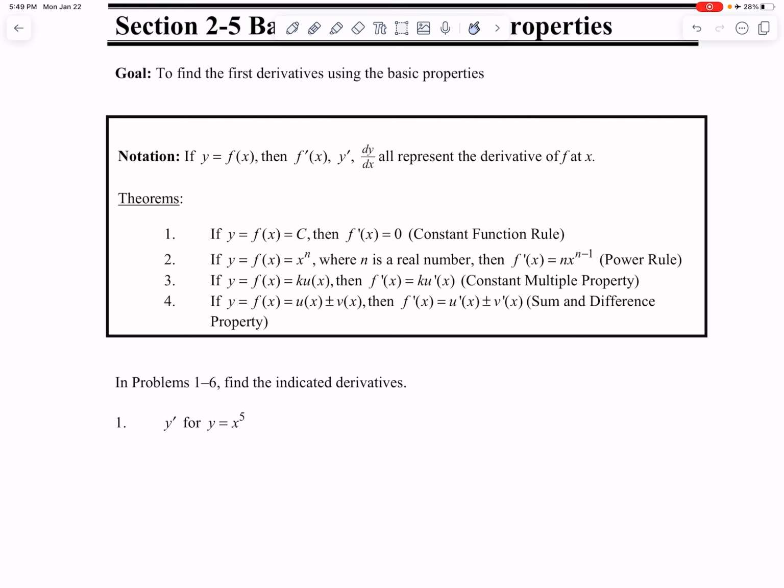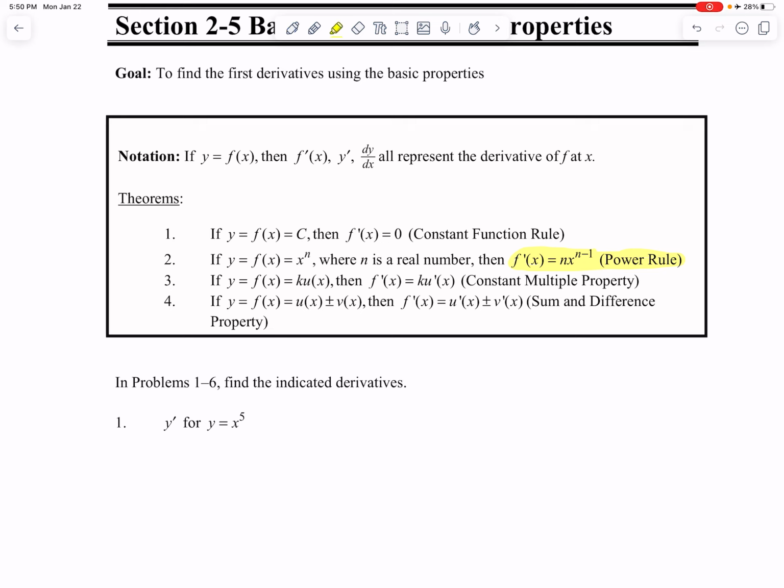Two, if our function is a power function, x to the n power, with n being a real number, then here's our first one, our power rule: we take the exponent and bring it down front, and then subtract 1 off of the exponent. You can see that represented there with n times x raised to the n minus 1.